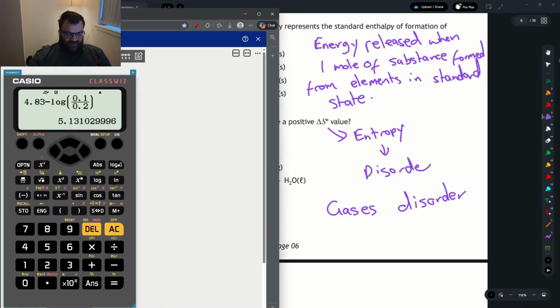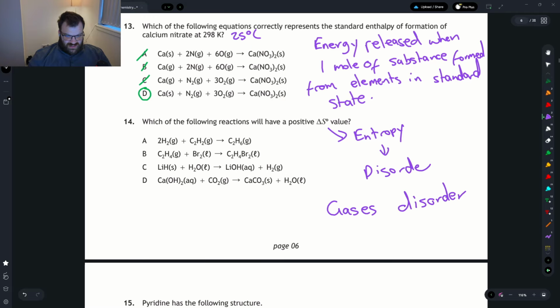Looking at the options in the first one, we have got gases all the way through. So the disorder, therefore, is not going to be changing. Next one, we've got gas and liquid going to a liquid. So we're losing a gas, so it'd become more disordered. Nope, it'd become less disordered.